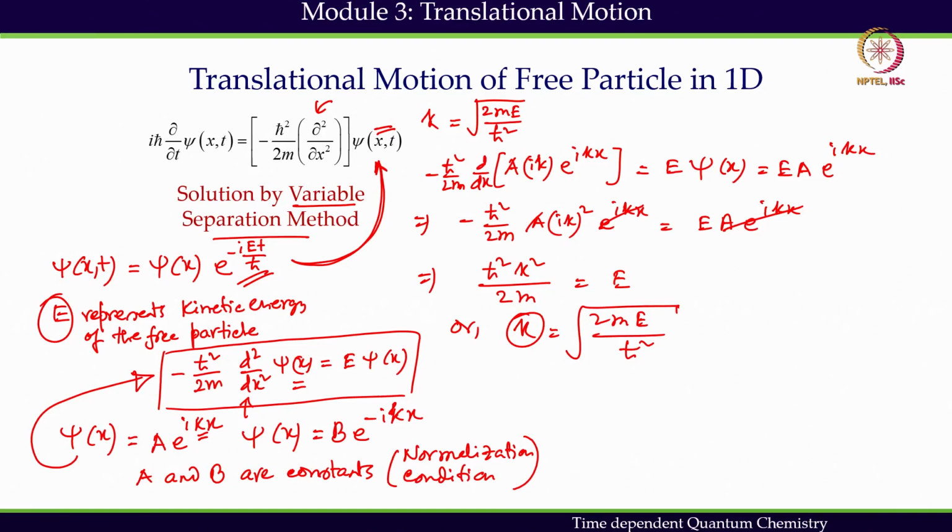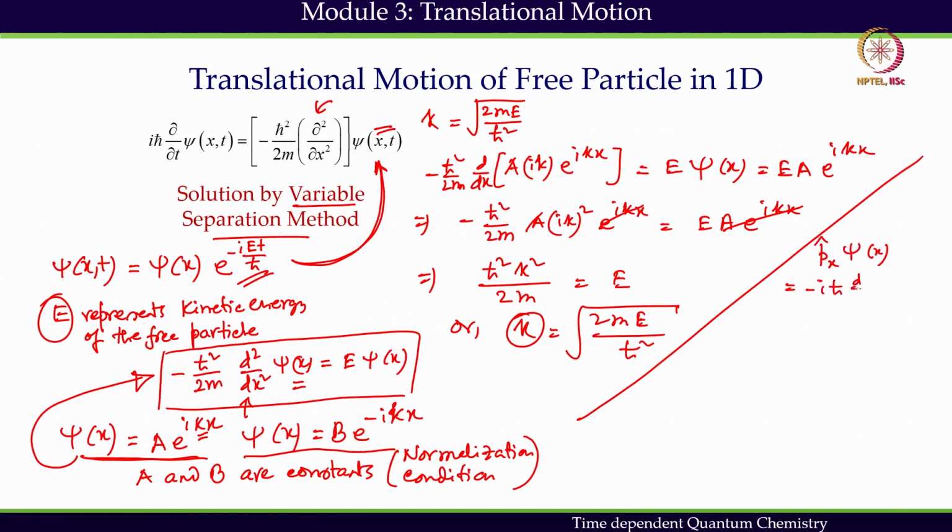So I said that there are two forms I can have, and what does it mean by these two forms of solution? I can try to find out by taking the momentum operator acting on them. Momentum operator is minus i h cut d/dx acting on e to the power i k x. I am considering the first form.